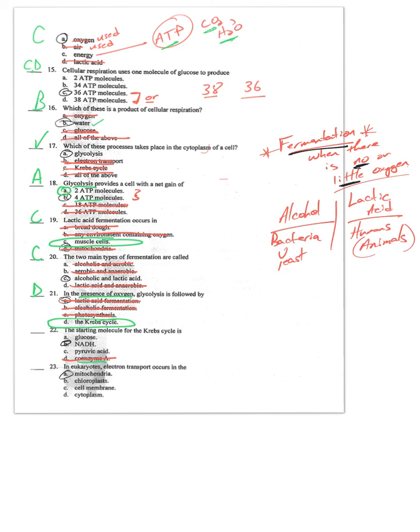NADH does enter the process, but it's not the starting molecule. Glucose was the starting molecule for glycolysis. It's actually pyruvic acid in a sense. It's one of those things where it depends on where you draw the line. Right before you get into the Krebs cycle, you've already gotten rid of pyruvic acid.